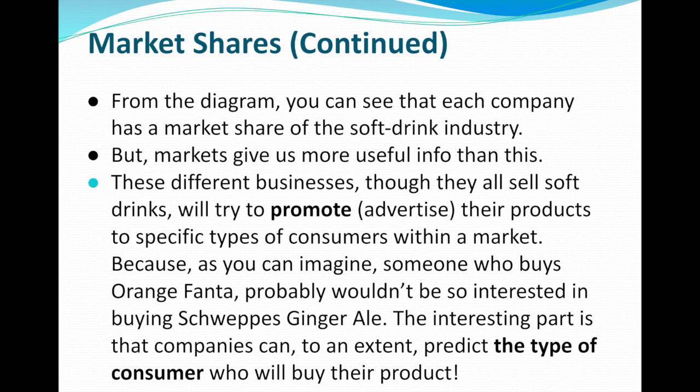And that's a really powerful thing, to be able to figure out the kind of person that will buy your product, because then you can figure out exactly how to promote your product to them and how to make your product look the most appealing possible for that type of person. And that's what companies do.